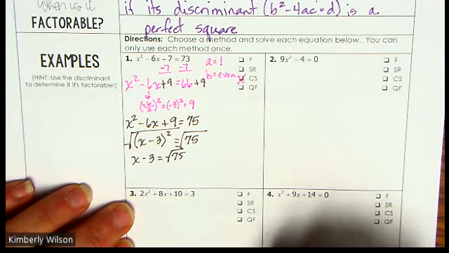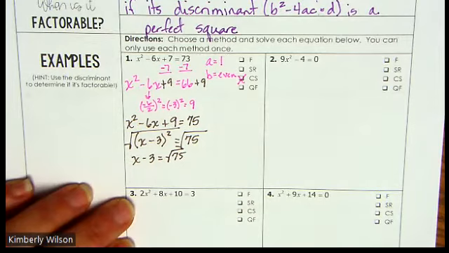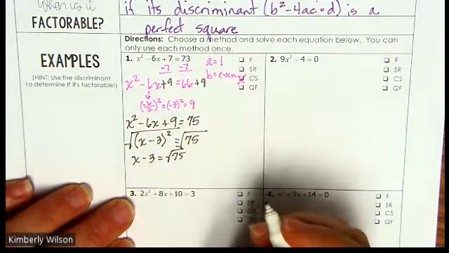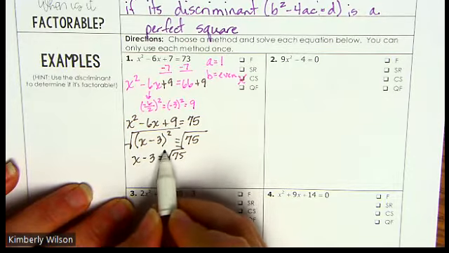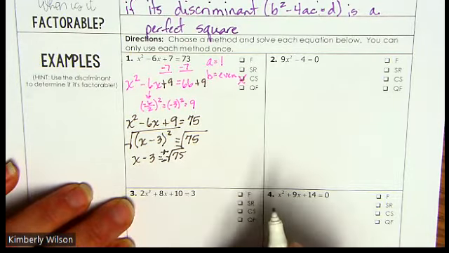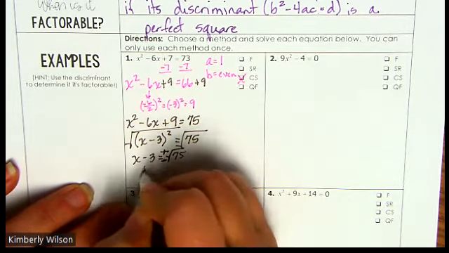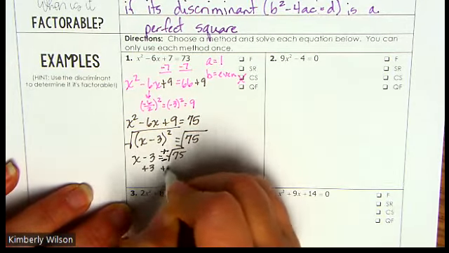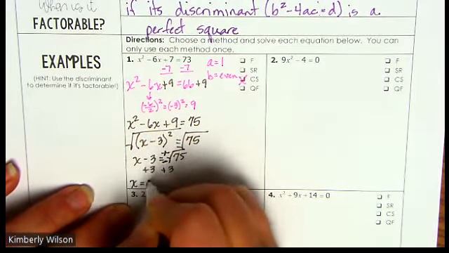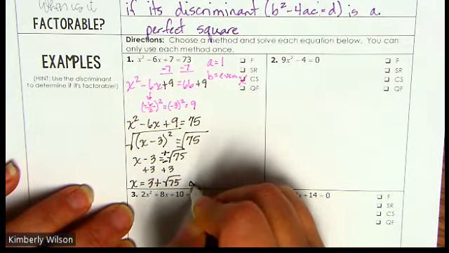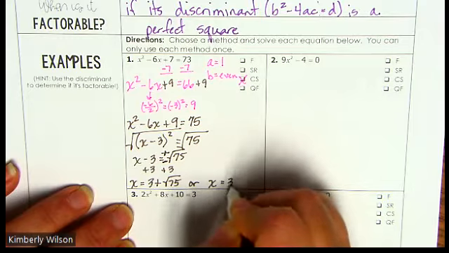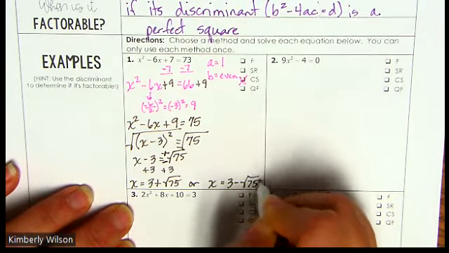Remember, when I take the square root of that, I end up with a positive and a negative. So that means I'm going to add 3 to both sides. So I'm going to end up with x equals 3 plus the square root of 75, or x equals 3 minus the square root of 75.